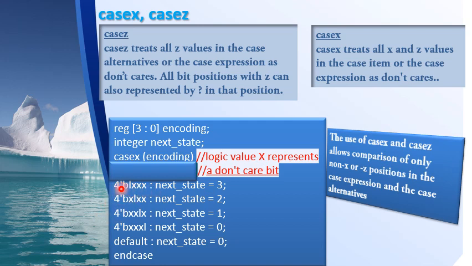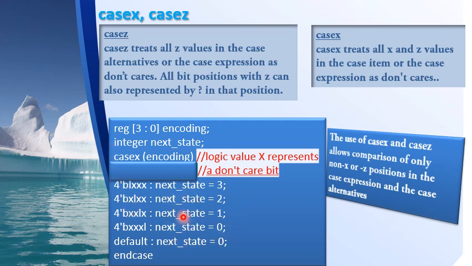As I told, here in the first case alternative, it is only checking if the most significant bit is 1. If that is 1, then the condition is satisfied and it executes this statement. In this case, it is just checking if the second bit is 1. Here it is checking whether the third bit is 1, and here the last bit. So wherever you place an X or a Z, it simply ignores those values.